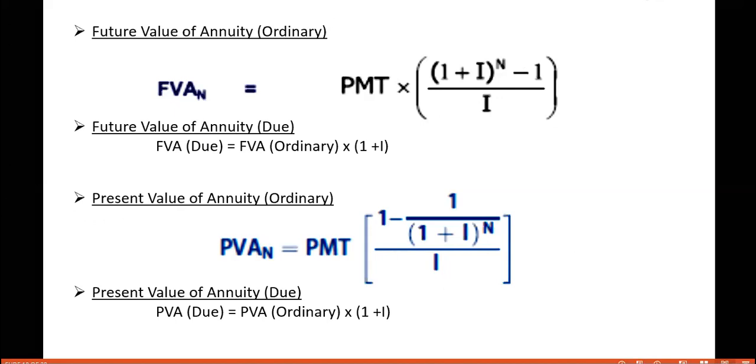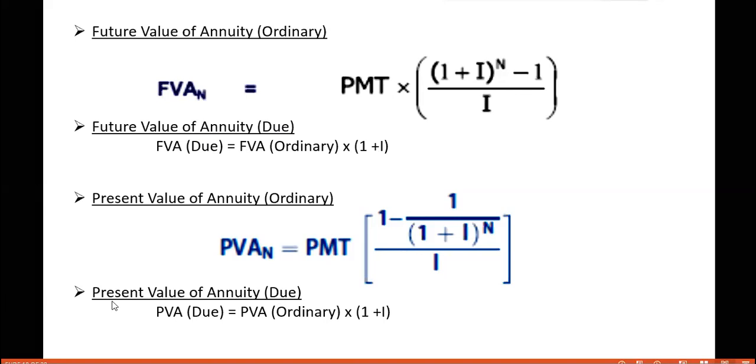So these are the two formulas for future value of annuity and present value of annuity in the case of ordinary annuity. If we would like to calculate annuity due, then we simply have to multiply the ordinary annuity by 1 plus I, 1 plus interest.